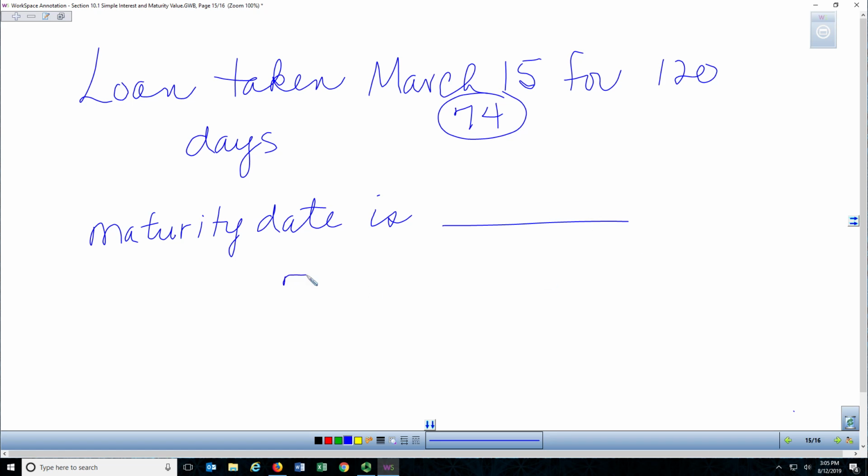So I'm going to add 74 and 120, and that looks like 194. And now I'm going to look that up on my table, and it is July 13th. So that is the maturity date. That is the date on which we need to pay off that loan.